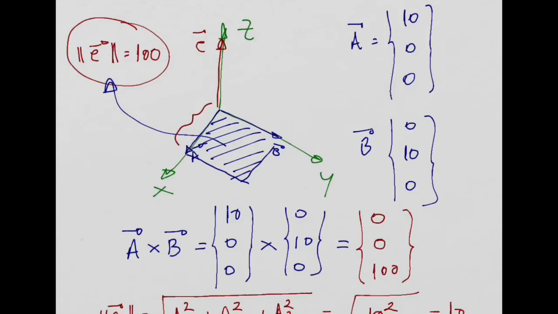So if this is 10, the length of my vector B, or the norm of vector B, is also 10. So this area is going to be 100, 10 times 10, which is the norm of vector C, the result of the cross product. Okay?